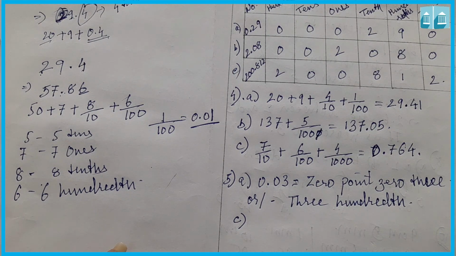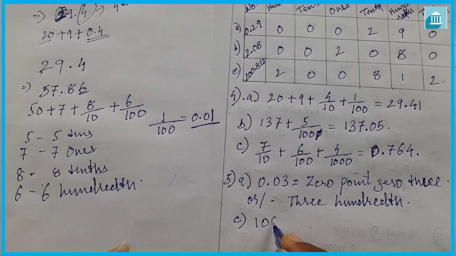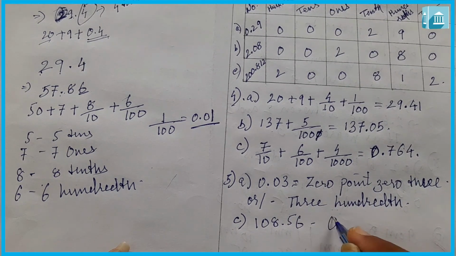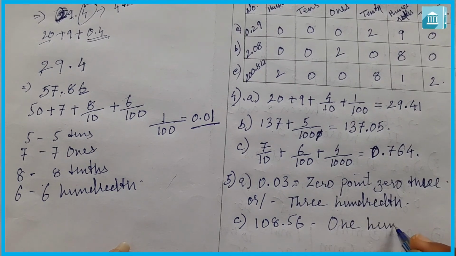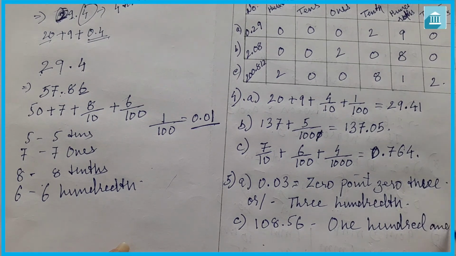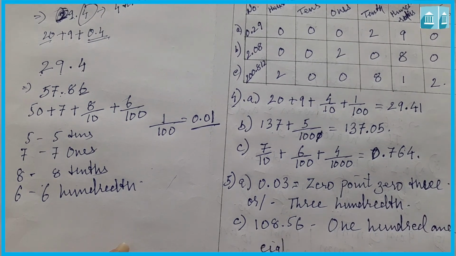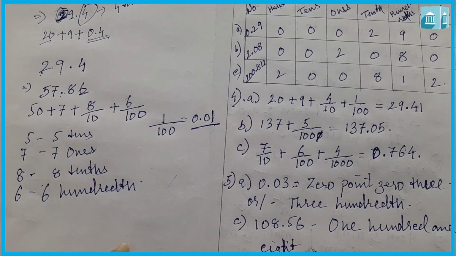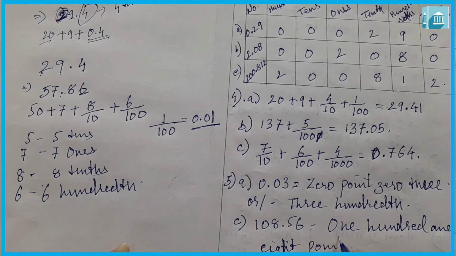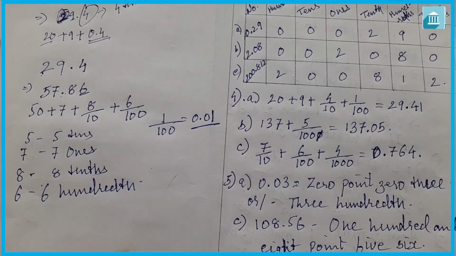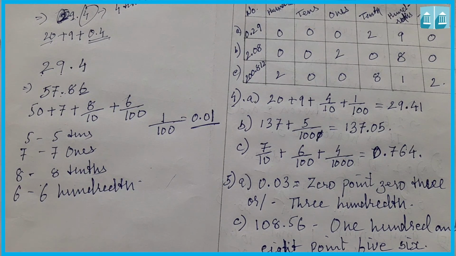C is here: 108.56. You cannot write it as 108.56 with fifty-six as a whole number. After the decimal point, we will not say the number as it is.